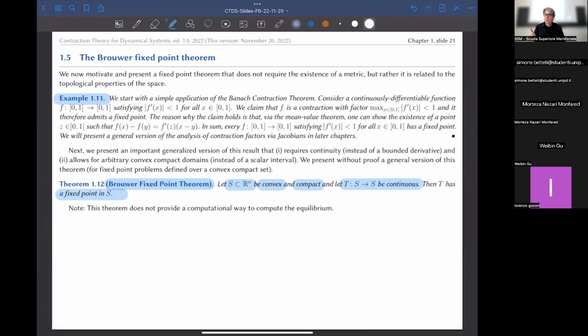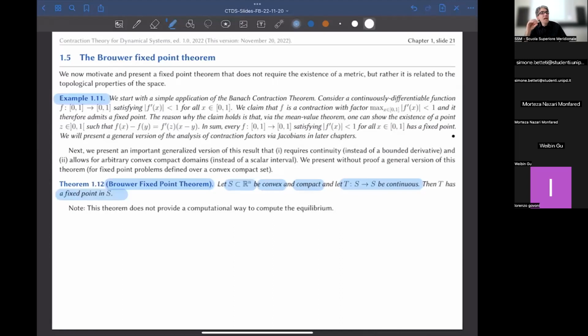So Euclidean, compact, convex, continuity, fixed point. But it's not true that the Picard iteration converges. So how to compute the point? Your problem. I'm not going to help you. I wish. I don't know how to do it.